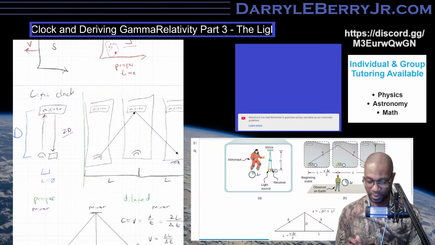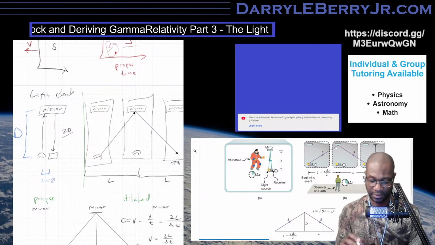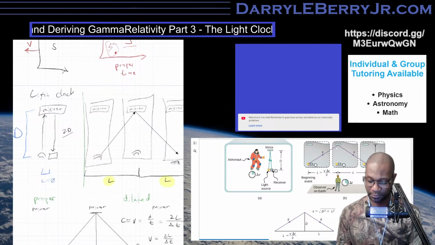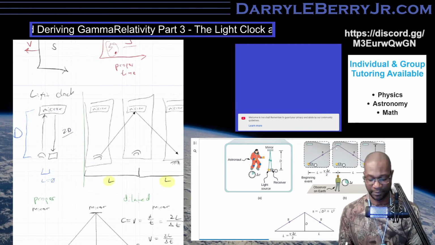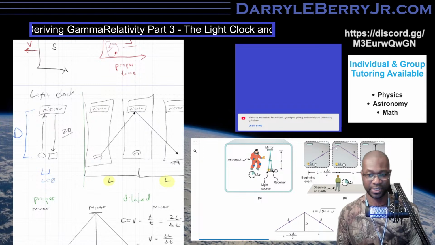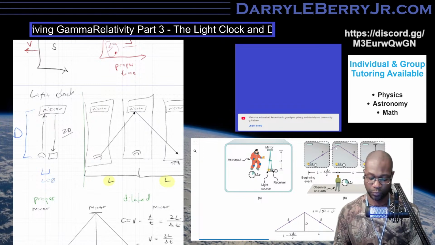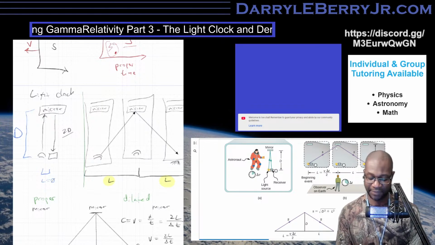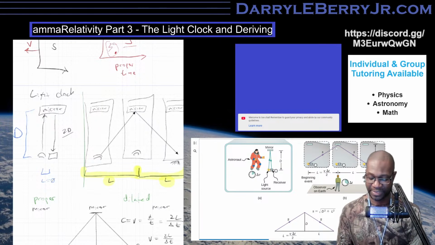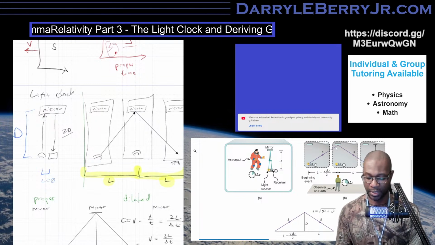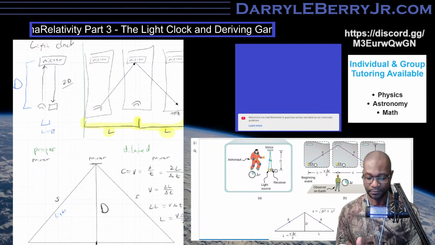So what we did was we called this distance at the bottom L, and for convenience of the math that'll come later, it's easier to break it into two instead of calling it one long L. So half the distance is L as it goes up, half is L when it comes down, and 2L is its entire length.